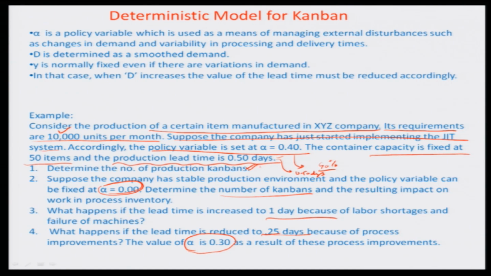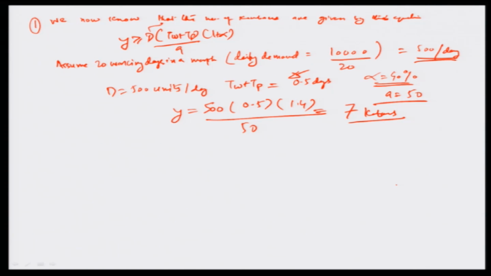So, we calculated the number of Kanbans to be 7 in this particular case, and now this next situation is that suppose the company has a stable production environment and the policy variable is now fixed at 0, that means there is no overstocking. So, obviously in that event, the alpha here, which was about 40%, is now reduced to 0, so alpha becomes equal to 0. So, the Kanban number would also reduce to 0.5 divided by 50, okay.